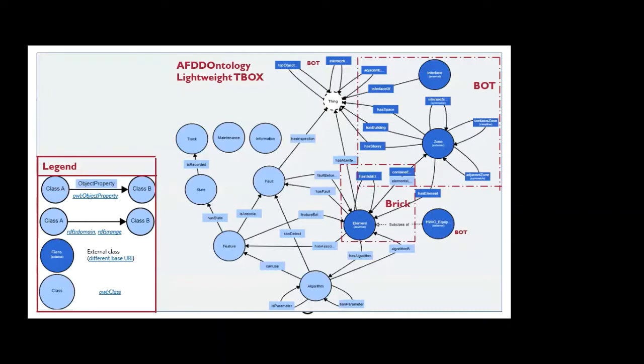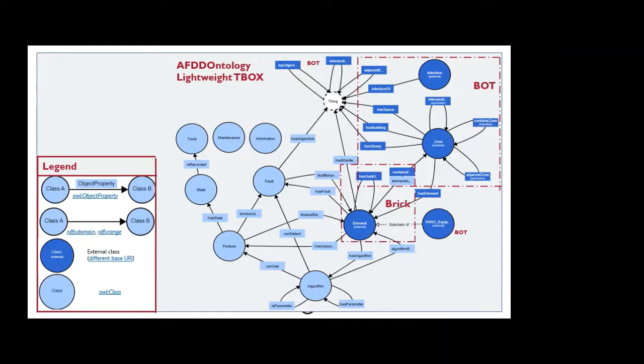Now, this is the overview of how the AFDD ontology looks. On the left-hand side, the lighter circles you see are the AFDD ontology concepts that are introduced solely for the AFDD ontology. And as I said, upper ontologies are used. The main two ontologies that I brought in are the DOT ontology and the Brick ontology, which are the upper ontologies that I have reused for the case of AFDD.